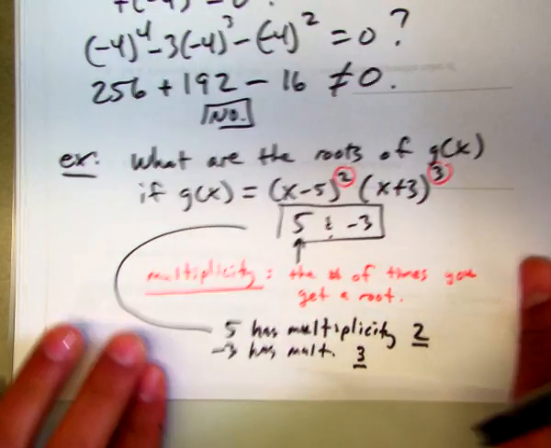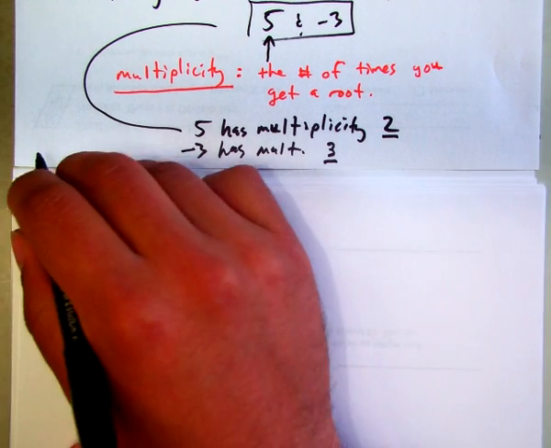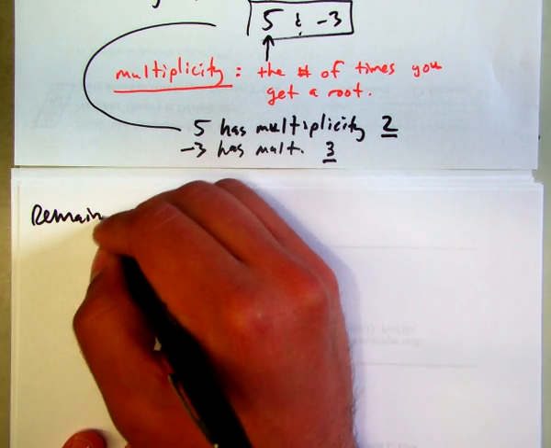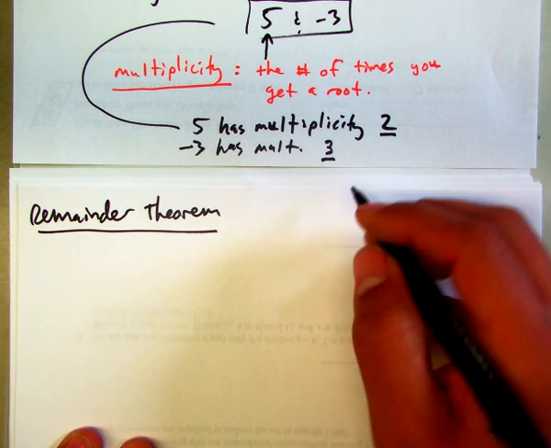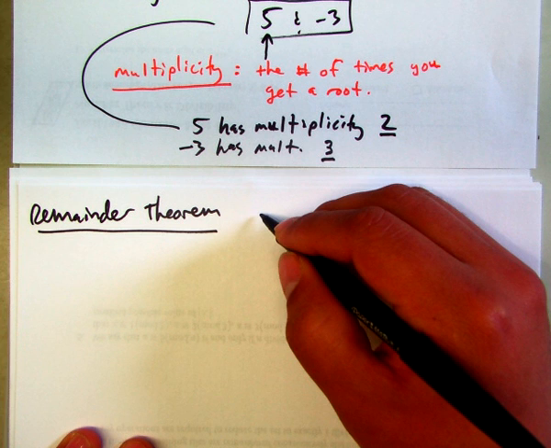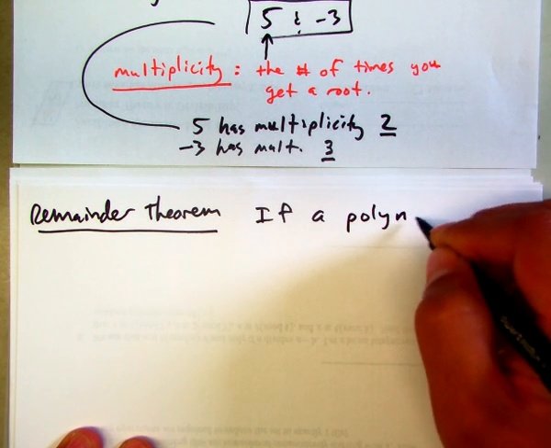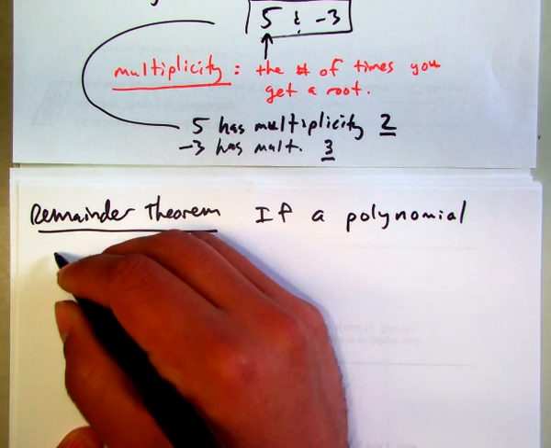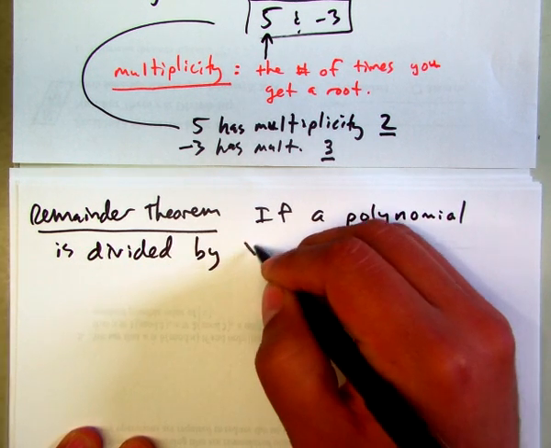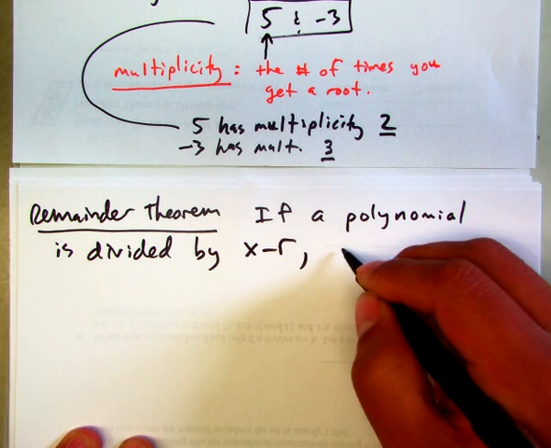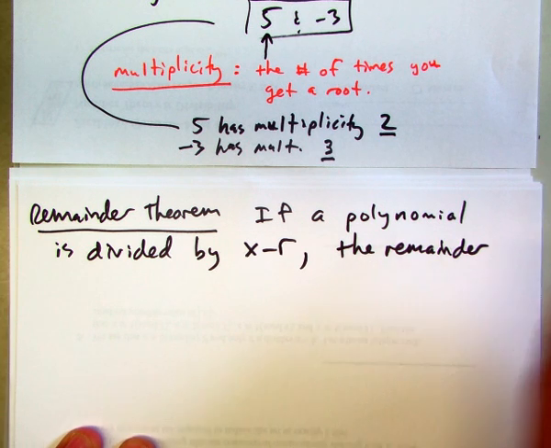So let's get to the main point of the lesson. One of the two things we need to talk about is the remainder theorem, which says that if a polynomial is divided by x minus r, the remainder is just f of r.